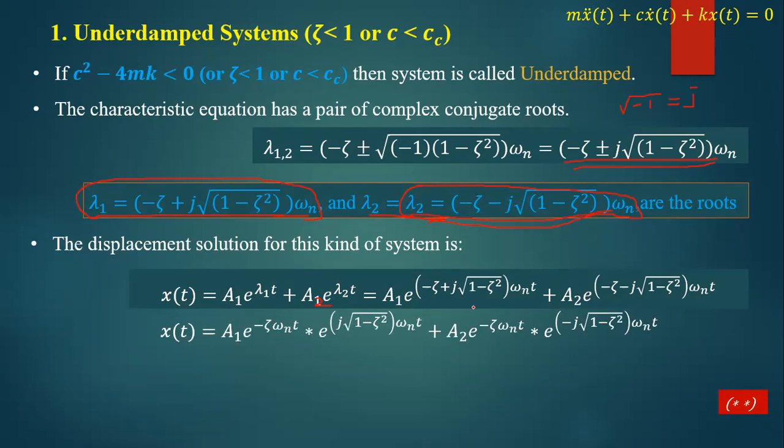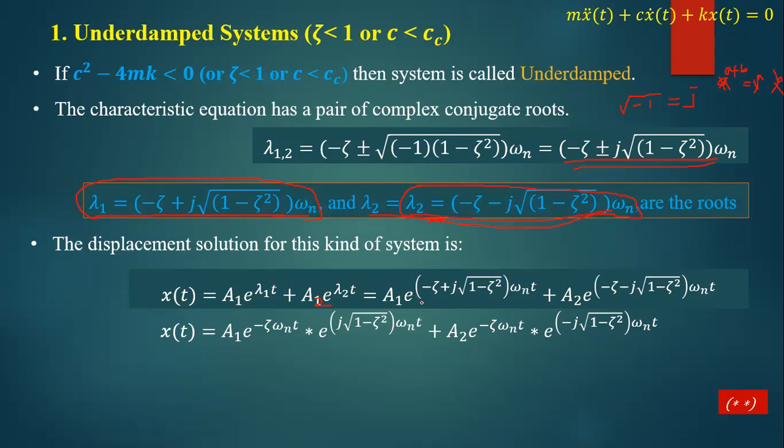Once we introduce them, let's multiply this term e to the power of minus zeta omega n t, because in the exponential function, e to the power of a plus b is equal to x to the power of a times x to the power of b. We can represent it like this.